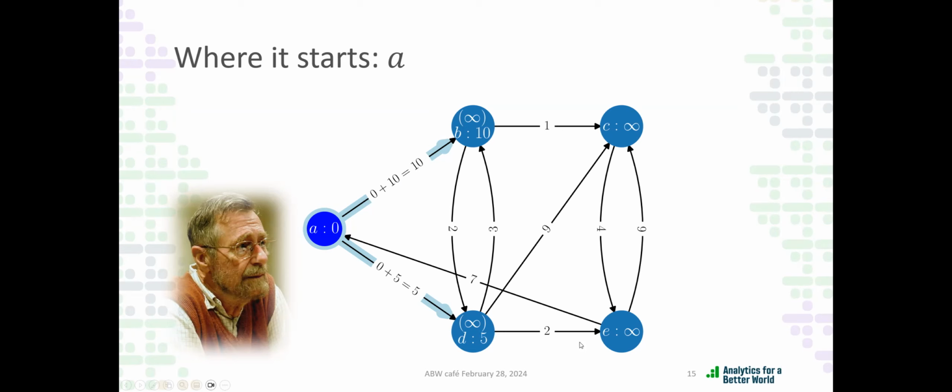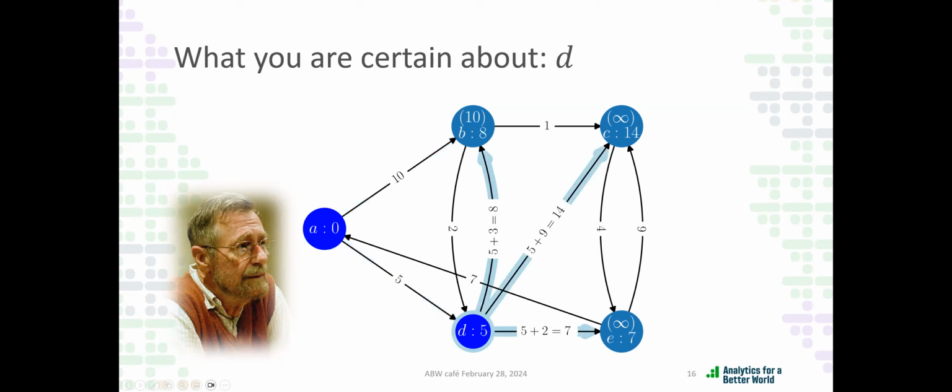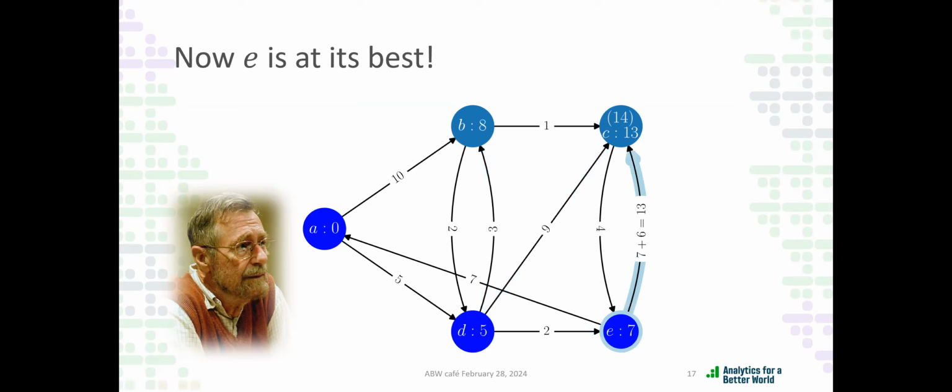And then basically what you say is, I move from A to D, and I do it again, and I update the information on the other nodes, and I will look for that one, which is the lowest, which happens to be E now, and I do it again, and I update the information on the other nodes, and basically now I know that I can reach my destination C with a path of length 13, because that's what I already found.